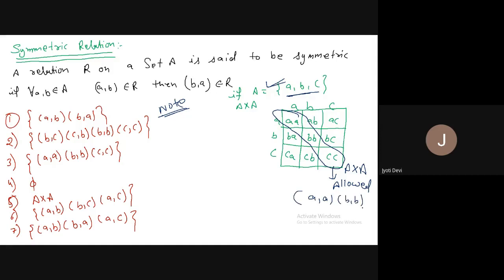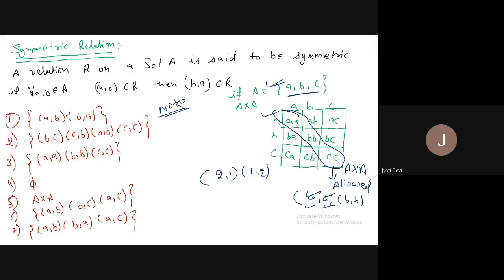There is no question like that. It says if 2 1 is present, then 1 2 is present. So if AA is present, then AA is present. It's up to you how you treat it. So the diagonal element is also allowed.